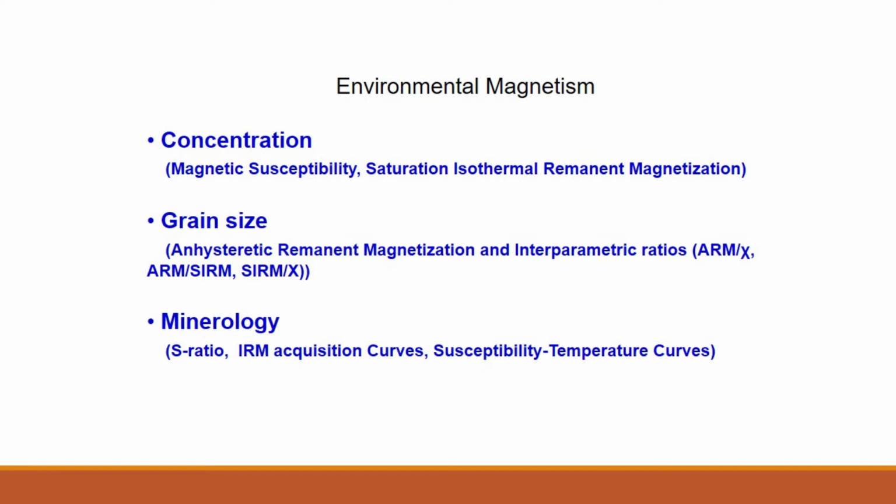Saturation isothermal remnant magnetization is an artificial remnant magnetization. In the case of grain size, we have parameters like anhysteretic remnant magnetization, and there are some interparametric ratios: ARM by susceptibility, ARM by SIRM, SIRM by susceptibility. The other parameters are mineralogy parameters, which are S ratio, IRM acquisition curves, and susceptibility temperature curves.